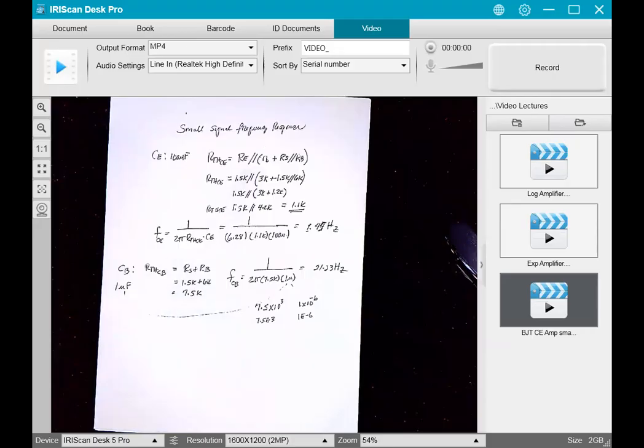And then engineering notation is a subset of scientific notation, because we're only going to deal with factors of 3: 10 to the minus 3, 10 to the minus 6, 10 to the minus 9, 10 to the minus 12, 10 to the third, 10 to the 6th, 10 to the 9th.